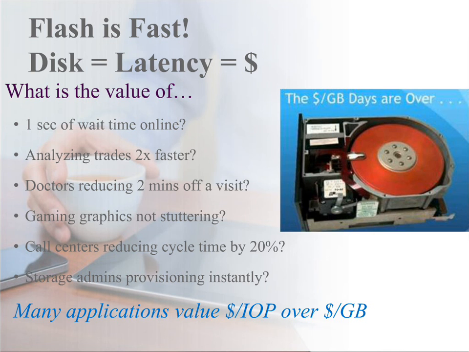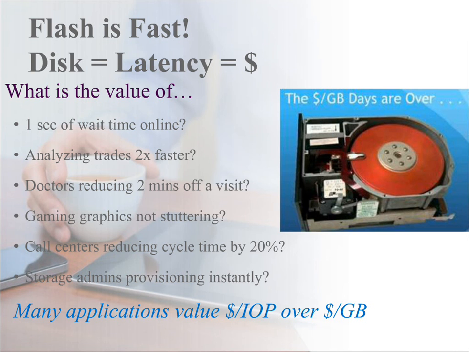So what this is really boiling down to is, what can it do for my business, whether it's analyzing trades multiple times faster, a doctor reducing the amount of time it takes to take care of a patient, or, if you're running a call center, being able to reduce the cycle time by 20% and improve the productivity of your employees. What's driving this transition in 2014 as opposed to in years past is that applications are beginning to value the cost of an IOP over the cost of a gigabyte.